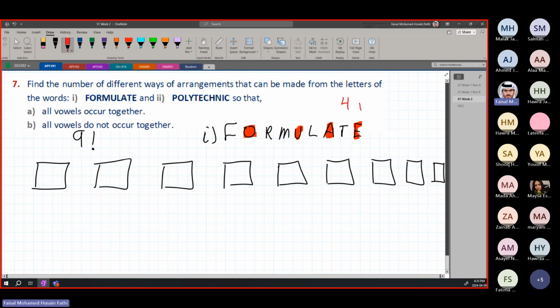So 4 of these boxes need to be vowels, and the remaining can be anything. But these 4 boxes have to be next to each other all the time. So now what do we have to choose from? What is the remaining number of letters we have? We have 1, 2, 3, 4, and 5, right?